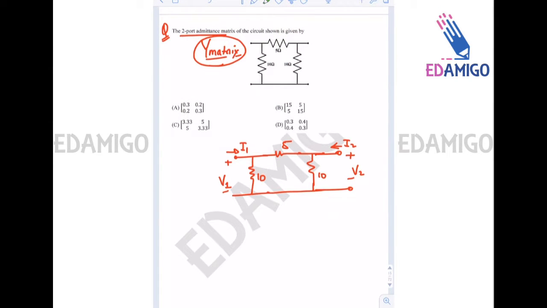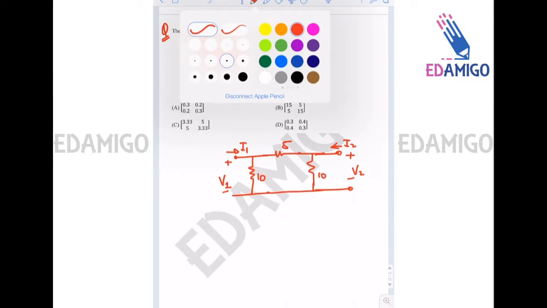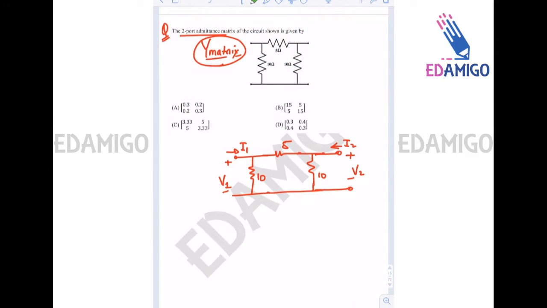Okay, now since the voltage across this 10 ohm resistance is V1, so the current here will be 0.1 V1, that is V1 upon 10. This is the simplest thing we can see over here. So the current in 5 ohm resistance will be I1 minus 0.1 V1.